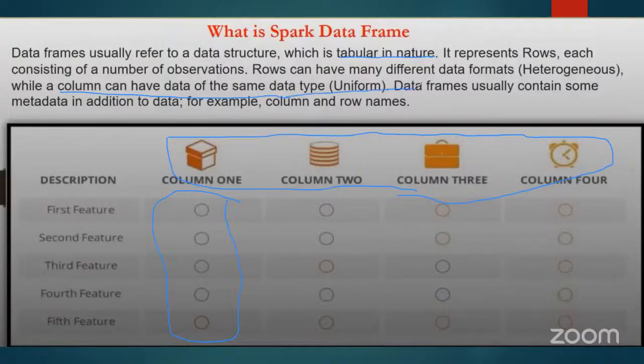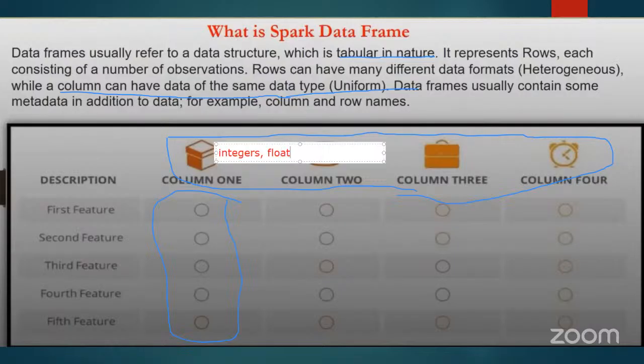So how do you define your schema? Suppose I have one column here, and that column is a date column. For a date column, what would be the data type? It may be timestamp or it may be date. Suppose I have numbers, they may be integers or float.